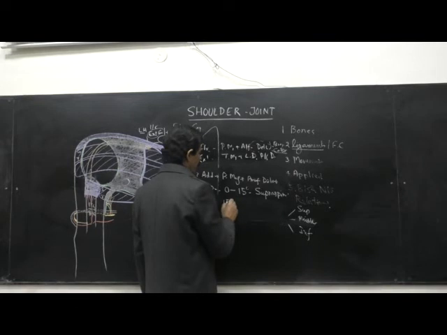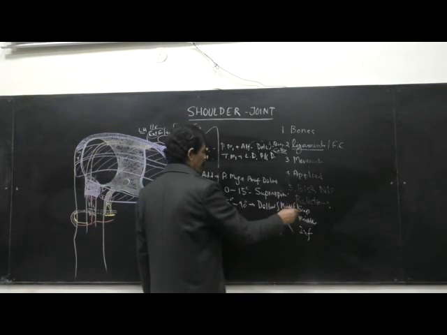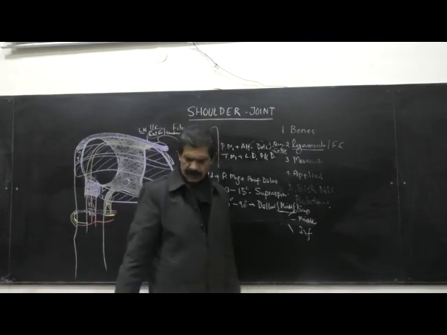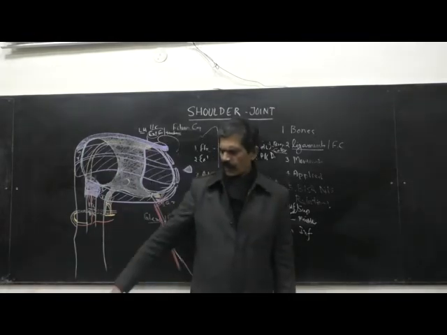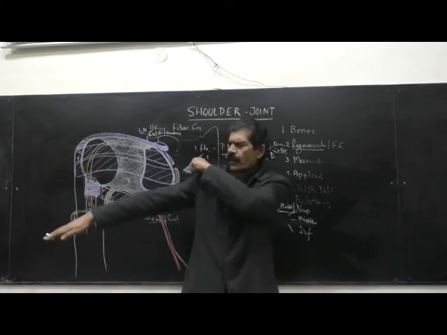Then from 15 to 90 degrees, abduction is done by the middle fibers of the deltoid muscle.